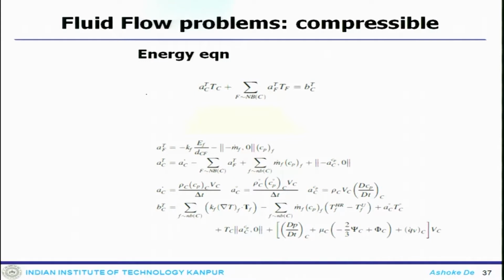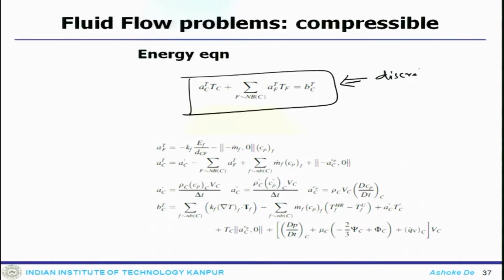Now, if you take the energy equation, this will be your discretized form of the energy equation. Again it looks similar to our momentum or anything else. So, AC Tc equals the summation over cell AF TF, but the superscript T stands for the temperature.